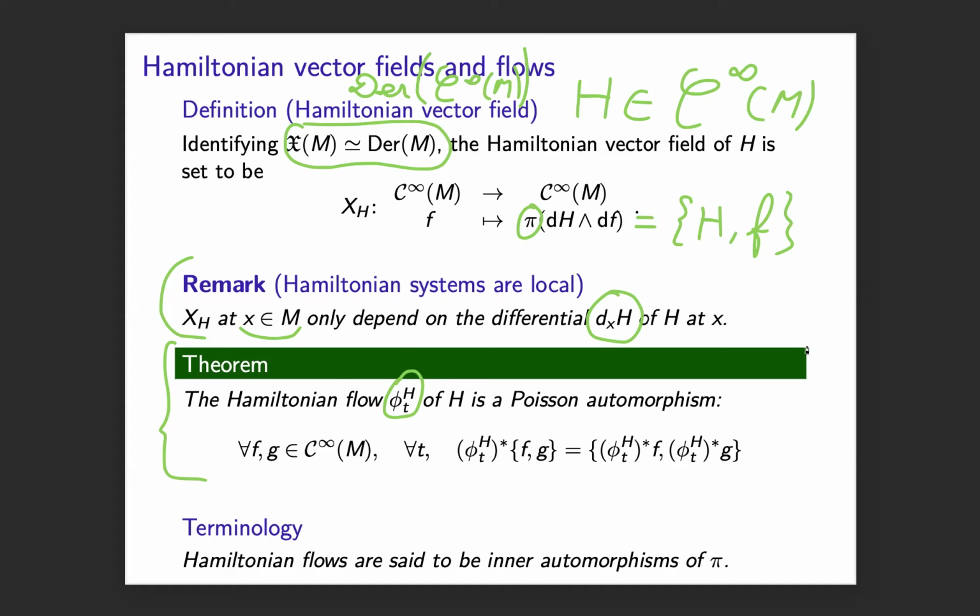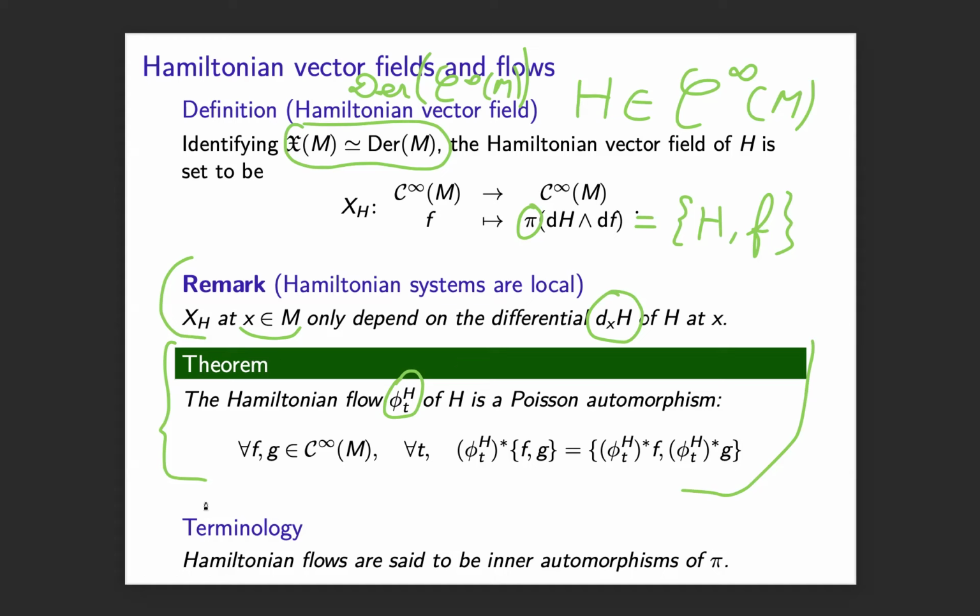So this provides a lot of Poisson automorphisms, if you think about it. Because once you have a smooth function, you can take this Hamiltonian vector field, integrate it, and obtain a Poisson automorphism. So this allows to construct many automorphisms of the Poisson structure.